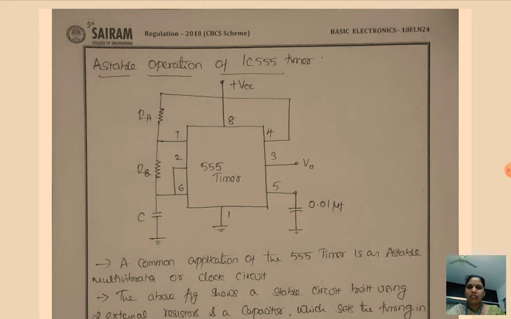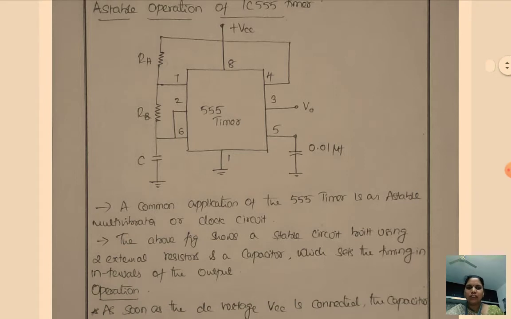So here the construction of this astable multivibrator is we are using the IC555 timer along with two external resistances RA and RB and capacitor C, and these three are connected in series, and it is connected directly to the DC power supply, and this will set the timing of the intervals of the output.